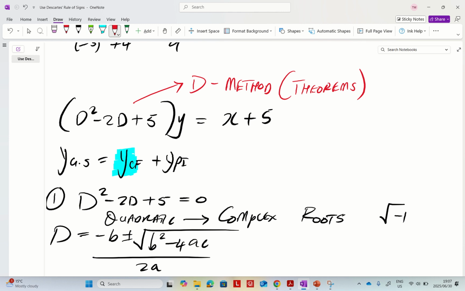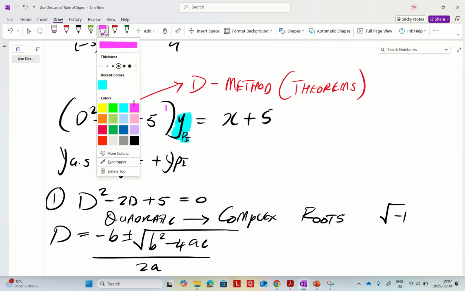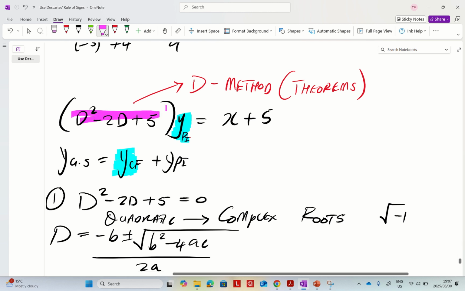Right. I'm going to do this. So you go back to the original equation to find YPI. You see the y that is outside there, you're going to write YPI. When you write YPI there, meaning you have to make that YPI the subject of the formula by dividing. I'm going to highlight it with a different color. You have to divide both sides by that guy there.